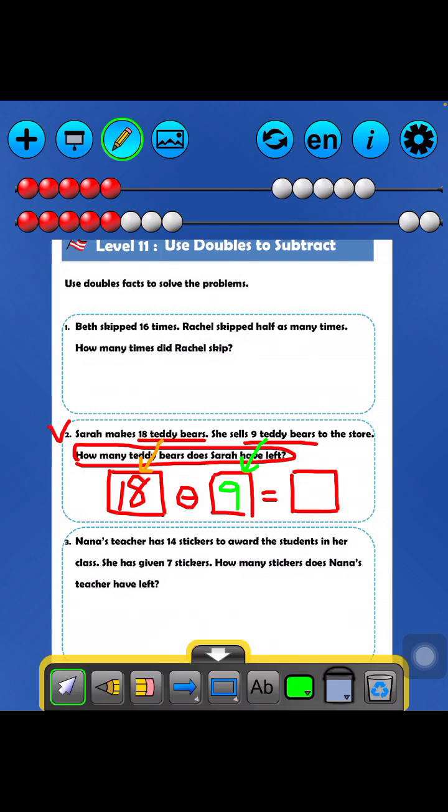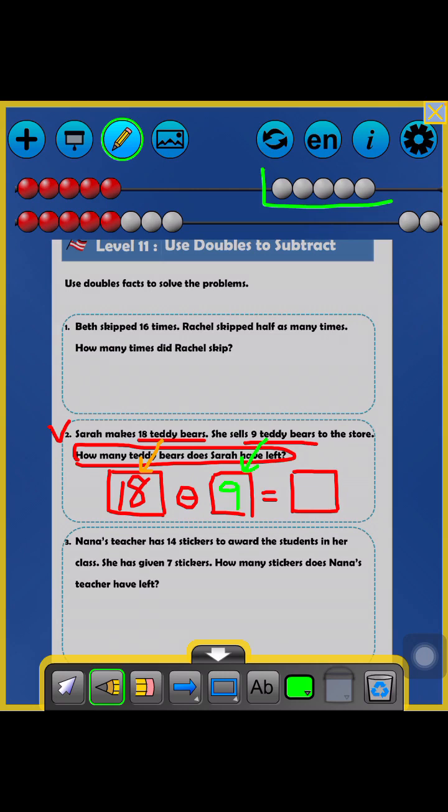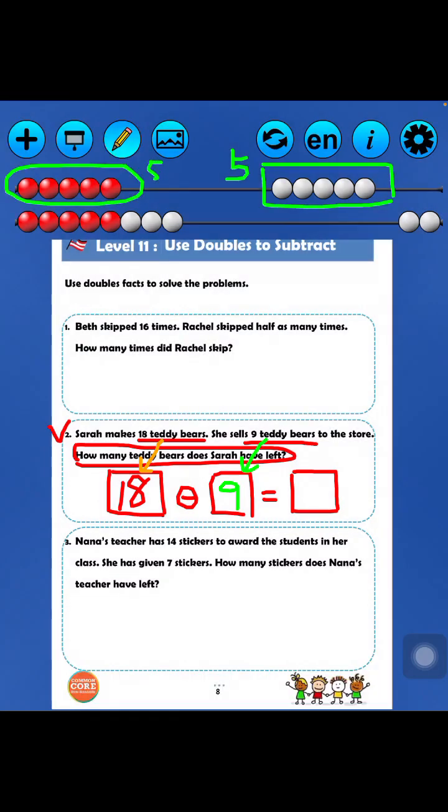And now there are 5 bits on the right hand side. And there are 5 bits on the left hand side. And then we split the bits in the second row into half. And there are 8 bits in total.